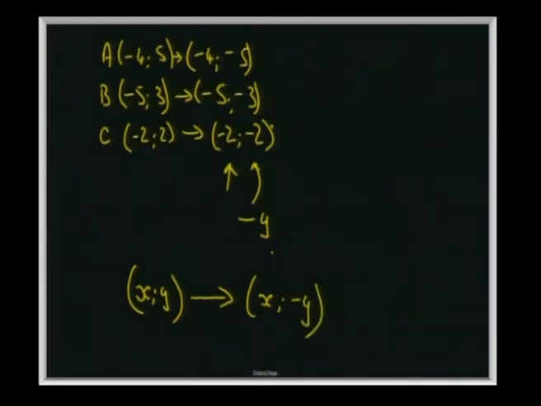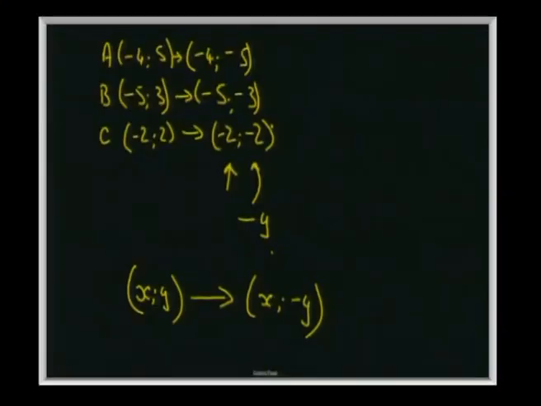So, from ABC to A double dash, B double dash, C double dash, what we could have done was reflect it around the x-axis. Yes, all this is a reflection about the x-axis.